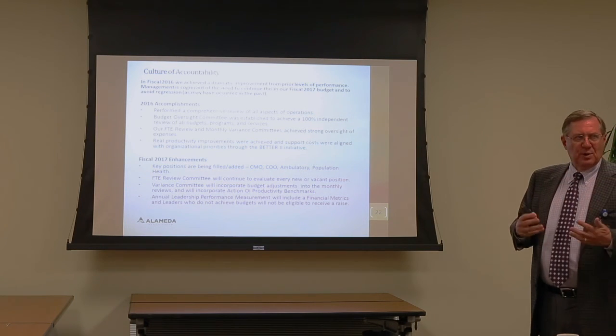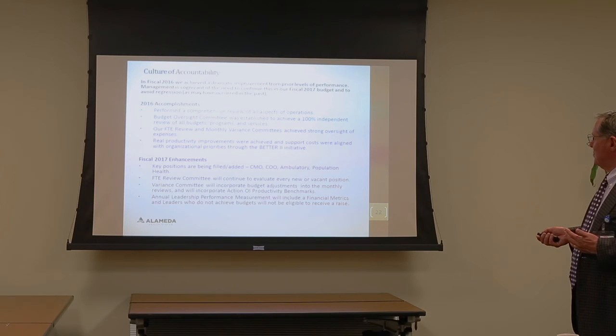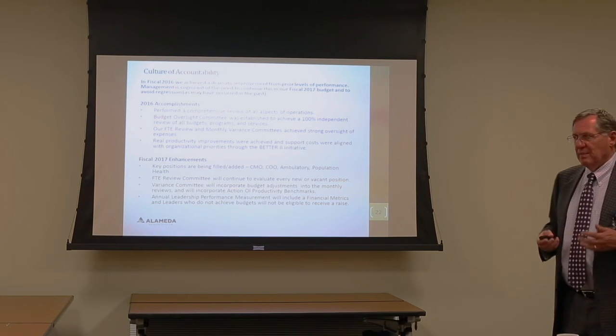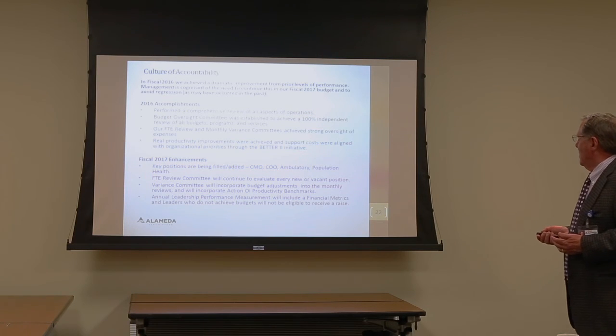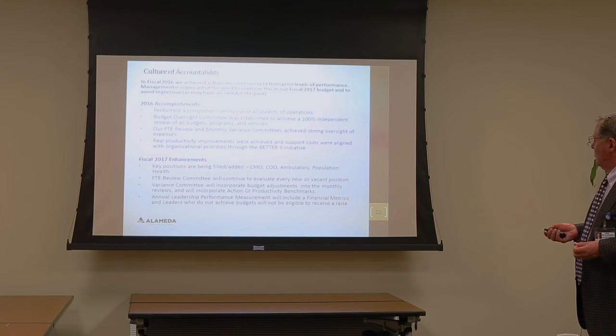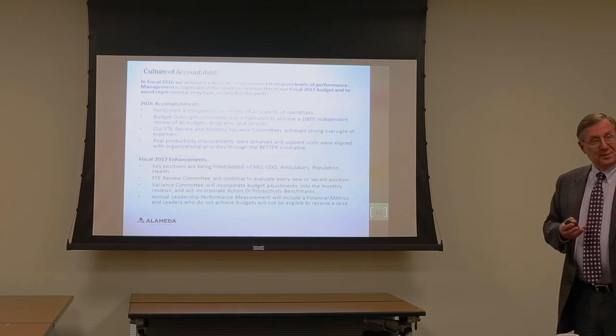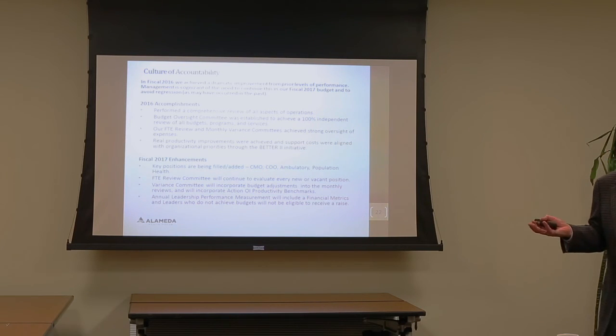So I think it's been good overall. But this is probably one of the areas where we can talk about time saving and how we use those processes. Real productivity improvements were achieved. And this is where we actually gave you credit, Michelle, because that's talking about what you just described.